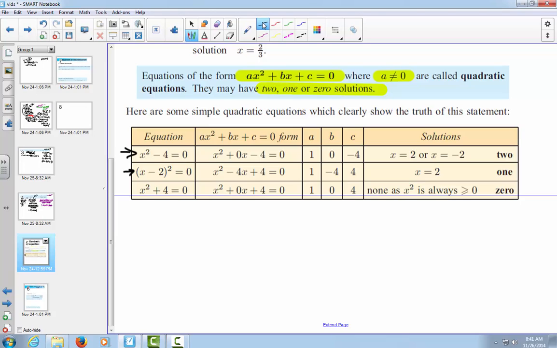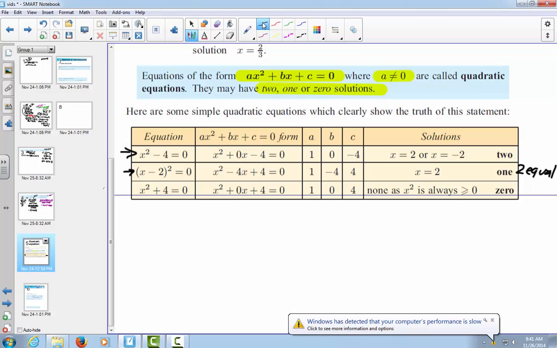There's one solution, or some people would call this 2 equal solutions, which we'll discuss later. In this case, x squared plus 4, there are no solutions. We can never make that possible. Again, we're going to get into that as we move through the unit. But this little table is going to be very important to you.